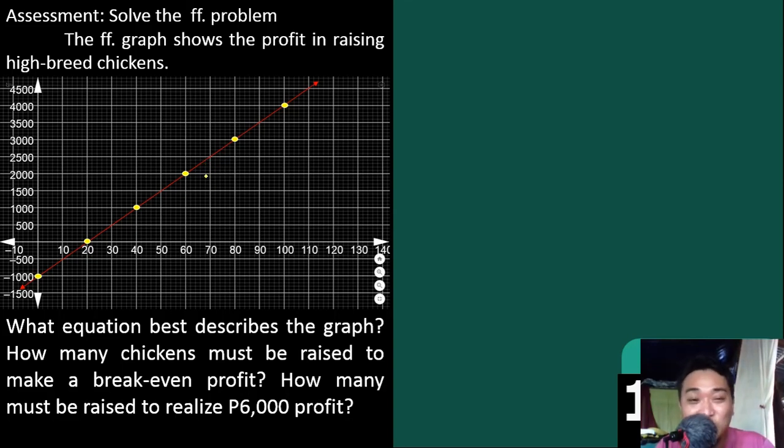Balikan niyo po yung lesson natin na yun for you to know the equation of the line, and then once na meron ka ng equation of the line, mas madali nang masasagutan yung kung ano yung break even natin. Pag break even, all you have to do is to zero the y, tsaka kung ilang chickens yung kailangan nating erase para magkaroon ng 6,000 profit. So parang kabaliktaran, given yung profit, unknown yung x o yung number of chickens. Ganun po.